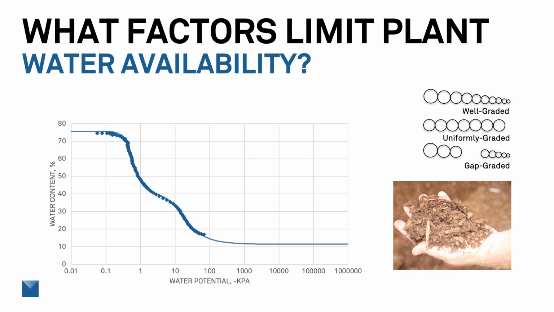That starts to paint a picture of why these plants were beginning to stress, and why we're seeing it at minus 10 kPa. But what are the physics going on there, and why are we seeing plants begin to stress at this point? We'll dig a little bit deeper into that in just a moment.